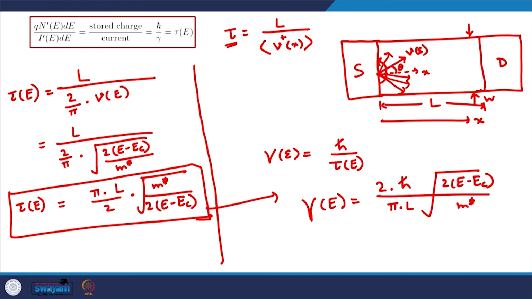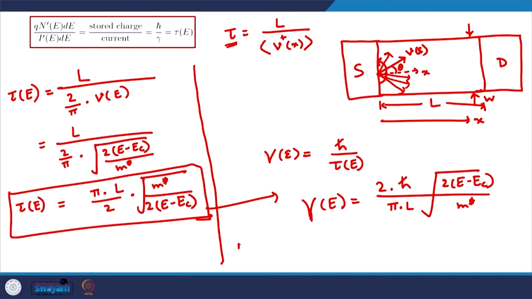because of the finite lifetime of the electrons in the channel. And as you might have predicted from this, now we can calculate the number of modes in the channel using this expression. If you recall, the number of modes in the channel is gamma e times pi by 2 times d e. Okay.